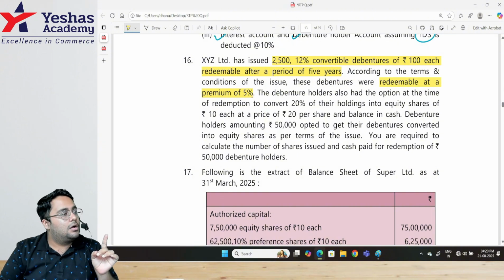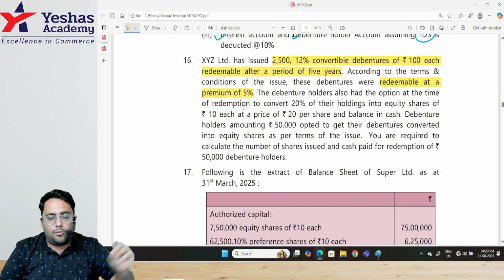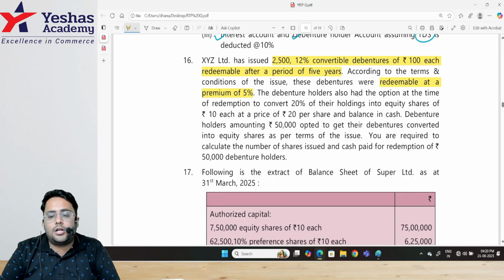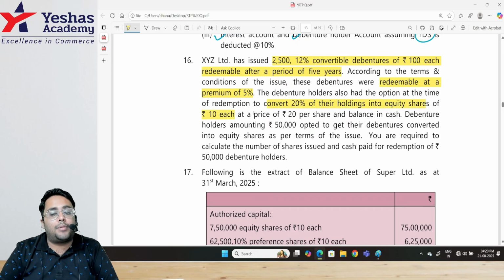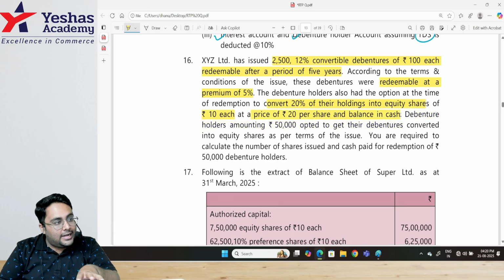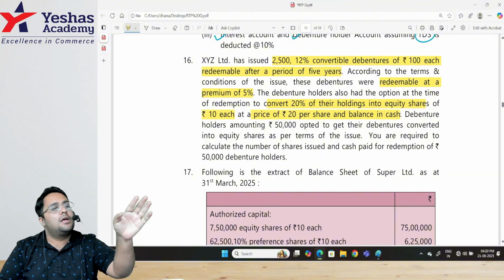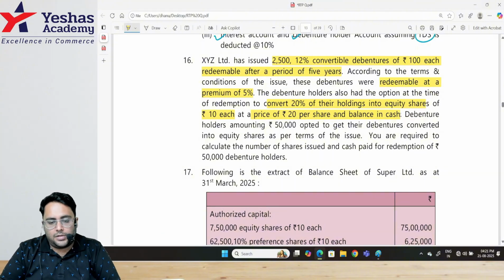Face value 100. Premium will be 5 rupees. The debenture holders also had the option at a time of redemption to convert 20% of their holdings to equity shares of rupees 10 each at a price of 20 rupees per share and the balance in cash. 20% can be converted to shares, balance can be taken in cash.